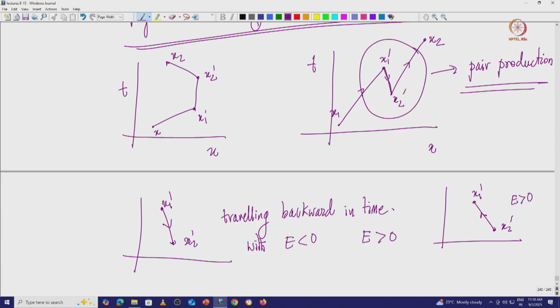So at the end of each vertex, when there is a creation or annihilation of a particle, or an absorption of a particle, p will be replaced with minus p.